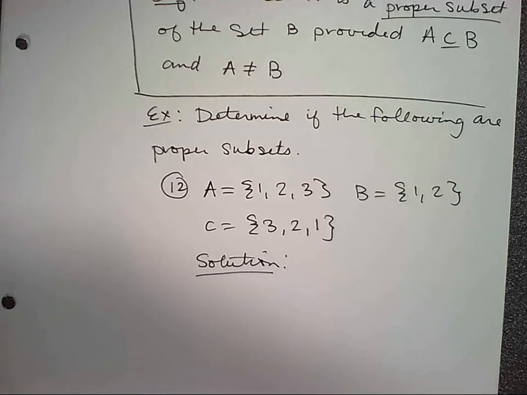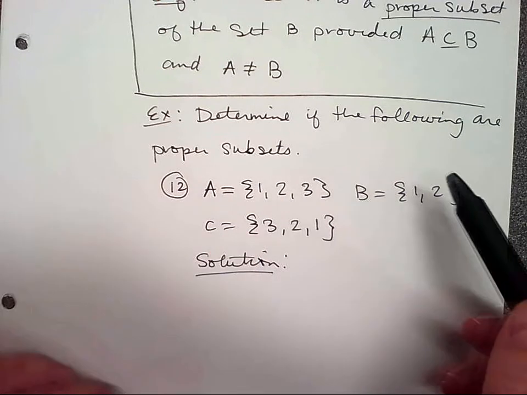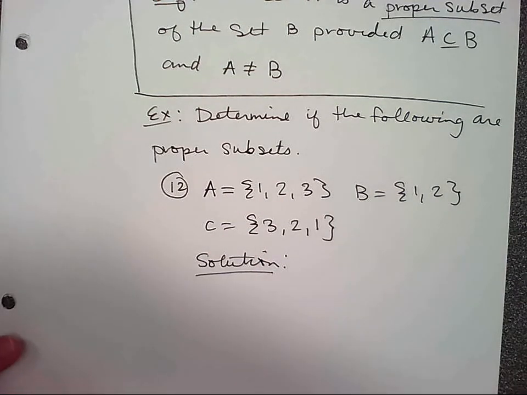So what does it mean to be equal sets? They have the exact same elements. The exact same elements. Order does not matter. Right? So let's write out all of the subsets, then we can find proper subsets.